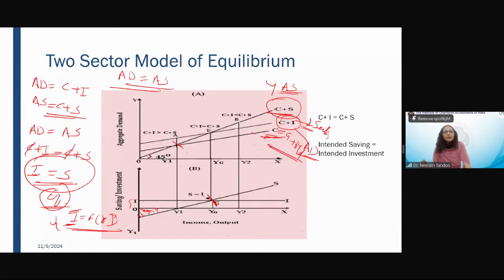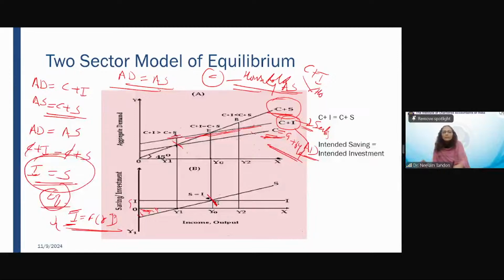Now, if your point is at Y1 and the economy is performing at point A, what is this C plus I? C plus I is consumption and investment demand. If only households demand, it will be on the lower side, but this is the total demand created by households and corporate. So definitely this will be at a higher level. C plus I is always at a higher level compared to C, because consumption demand is only the demand of households, and C plus I is the demand of households plus corporate.